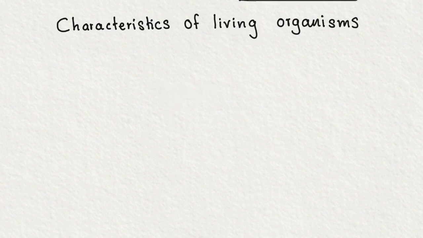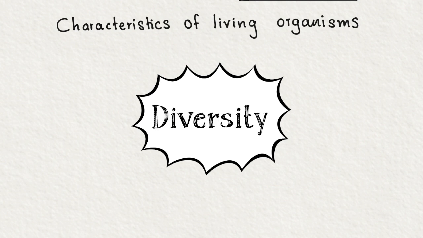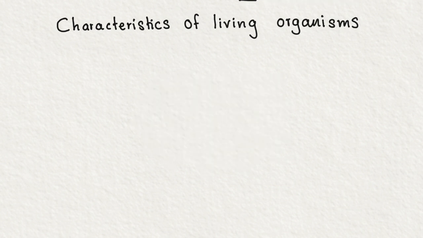When we take living organisms, we can see a huge diversity among them. Organisms are diverse based on their size, shape, form, and habitat. For example, if we think about the size of living organisms, there are microscopic organisms like bacteria and very big organisms.